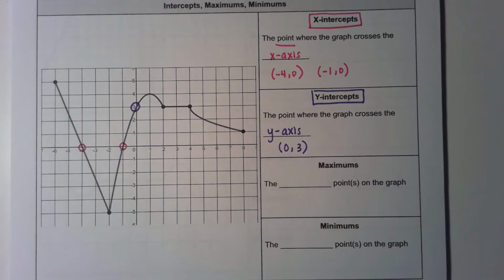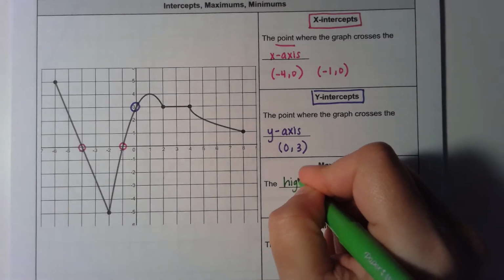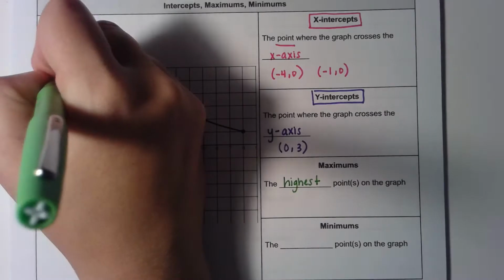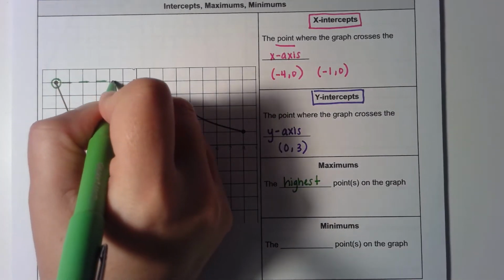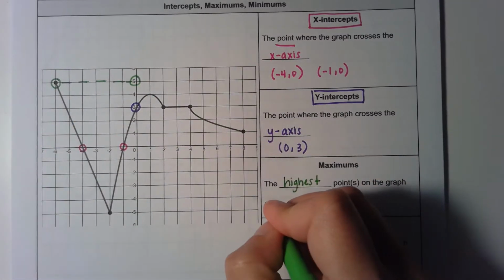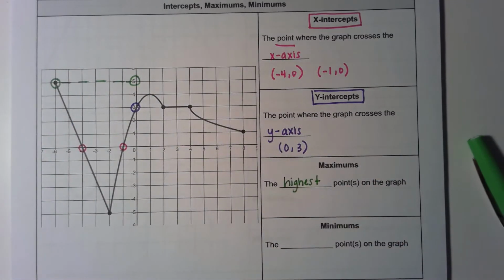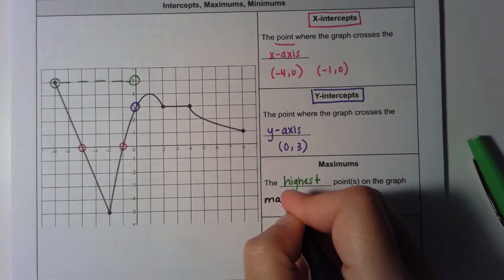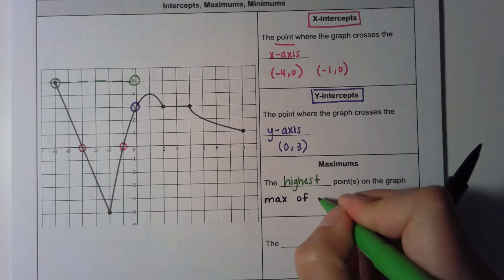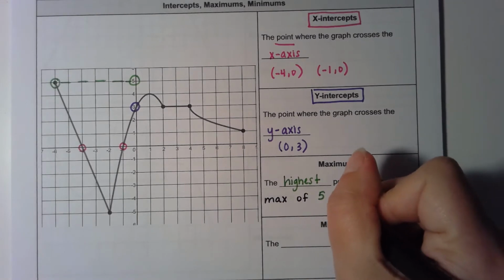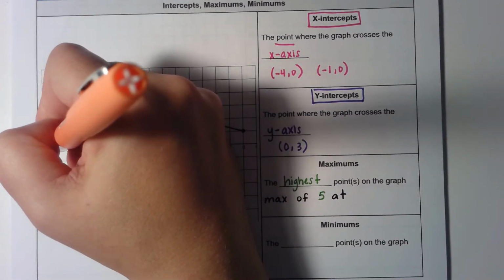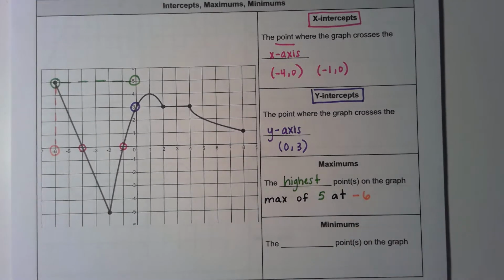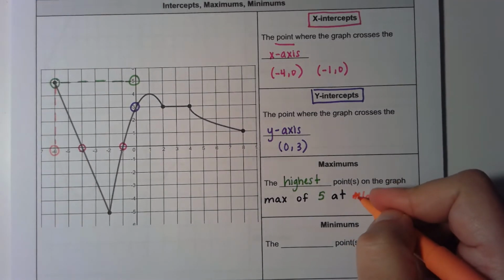Now for a maximum, what we're looking for is the highest point on the graph. In this case, the highest point on the graph would be right here. So we would say that this graph has a maximum value of 5 because that's the highest it goes, and now we need to say where that happens, and that would happen at x equals -6.